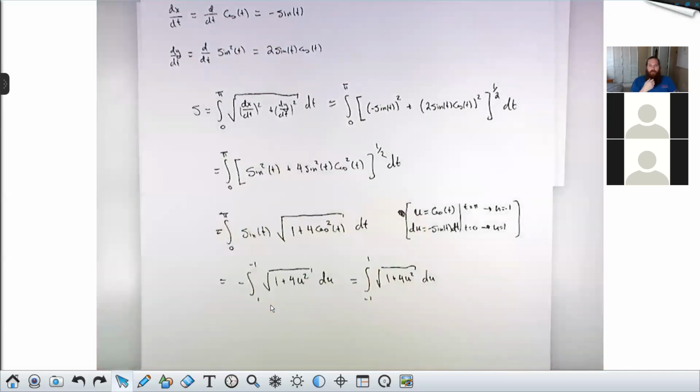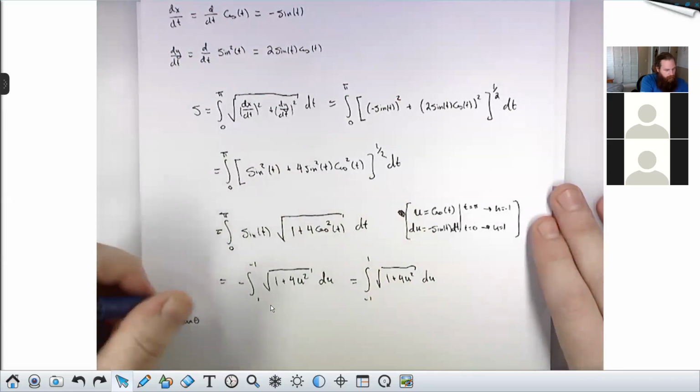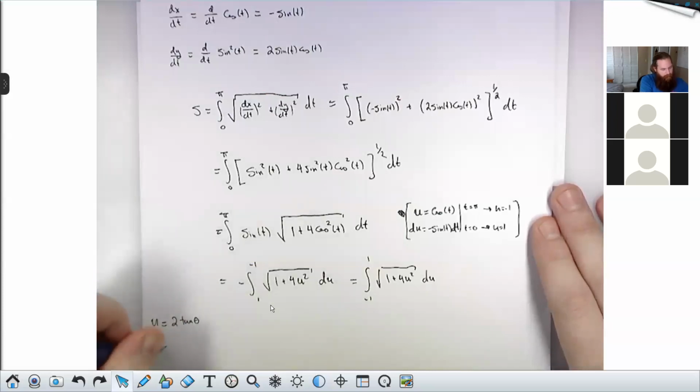And then this is going to be a tangent substitution leading to a secant cubed integral. You see secant cubed show up a lot in these arc length problems. So the move here would be to let 2 tan theta be u. So then du is 2 secant squared.